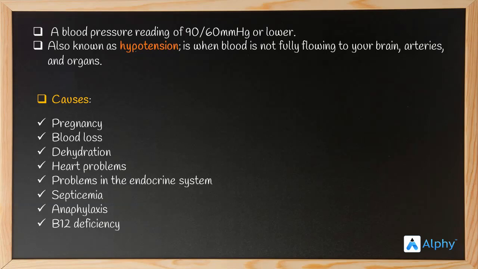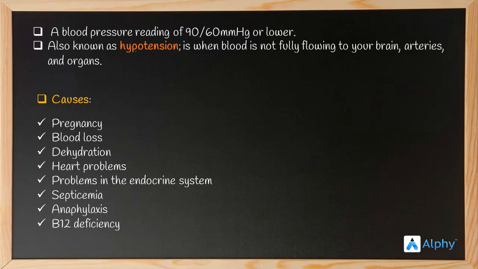Okay, so as you can see, these are the major conditions that could be responsible for low BP. It could be associated with pregnancy, like a pregnant woman has a low blood pressure problem, or it could be hormonal problems like problems related to the endocrine glands, or even vitamin B12 deficiency. It could be due to an injury or something, or the person might be suffering from some heart problems or even anaphylaxis. Okay, anaphylaxis means a strong allergic condition.